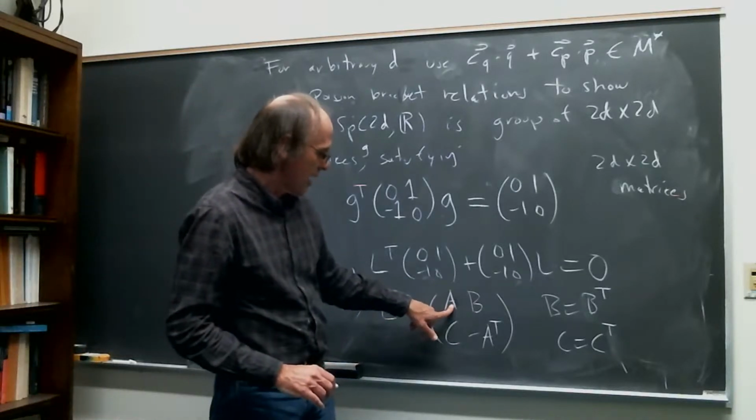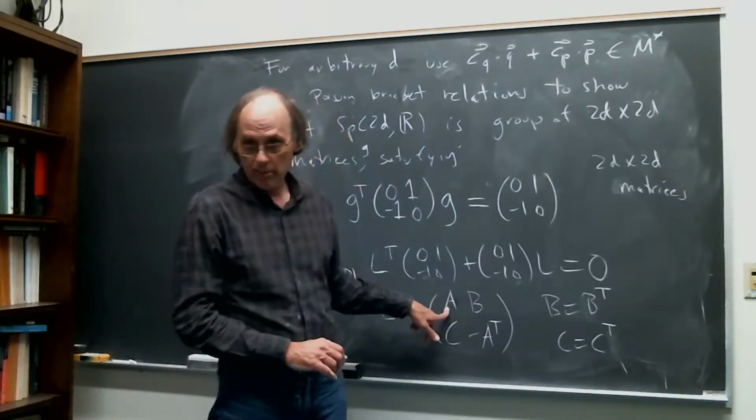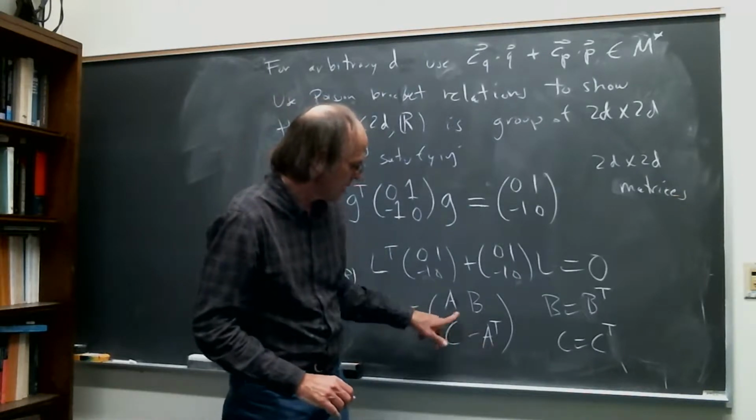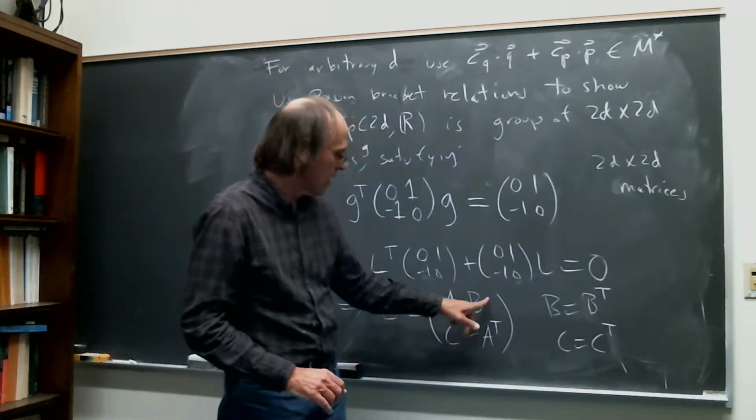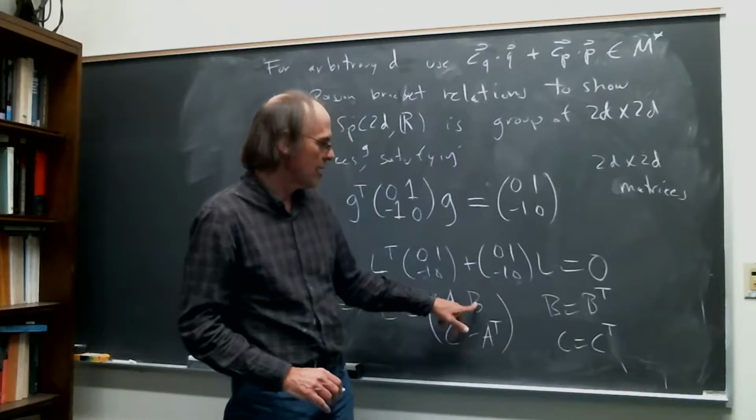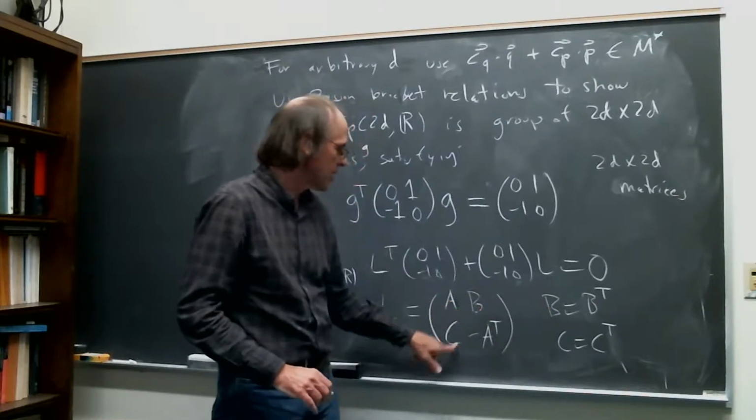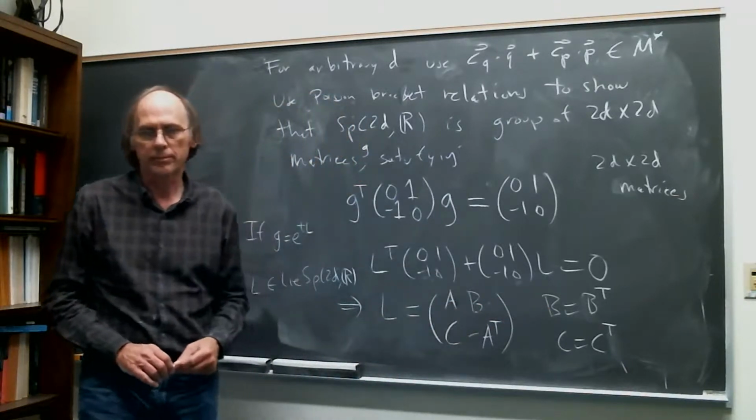It's an arbitrary D by D real matrix, then minus its transpose here, and then two symmetric D by D matrices on the off-diagonal part.